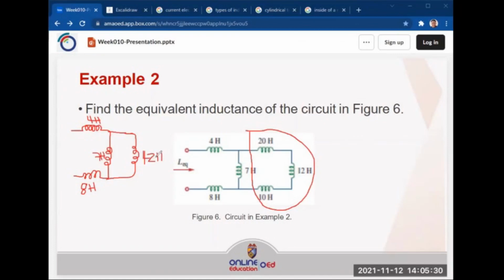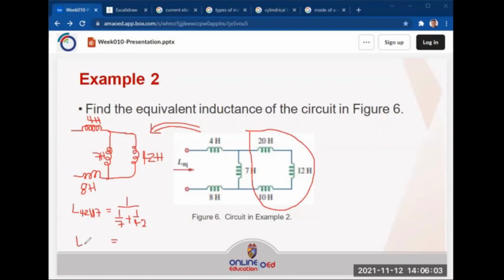Next, these are in parallel, 7 and 42. So parallel between 7 and 42 equals, this symbol is for parallel, 1 over 7 plus 1 over 42.